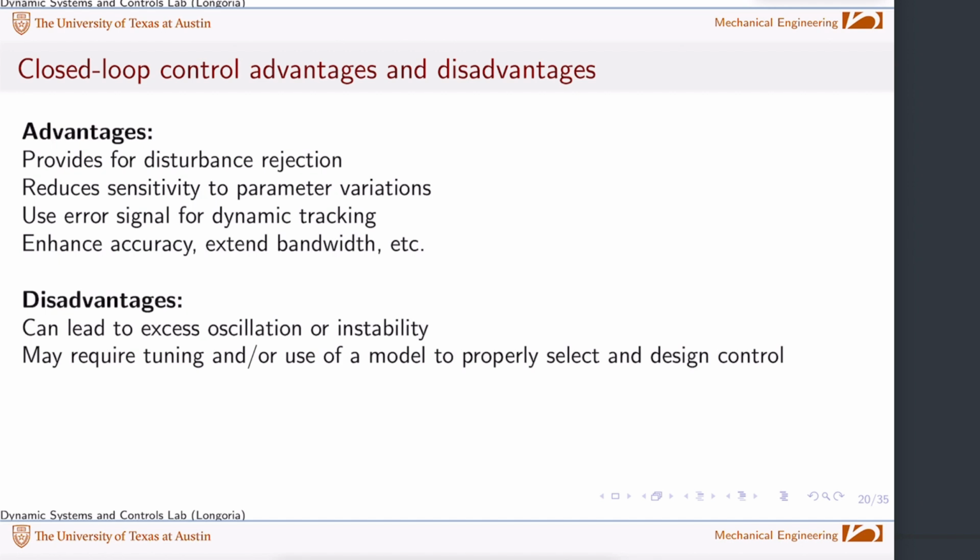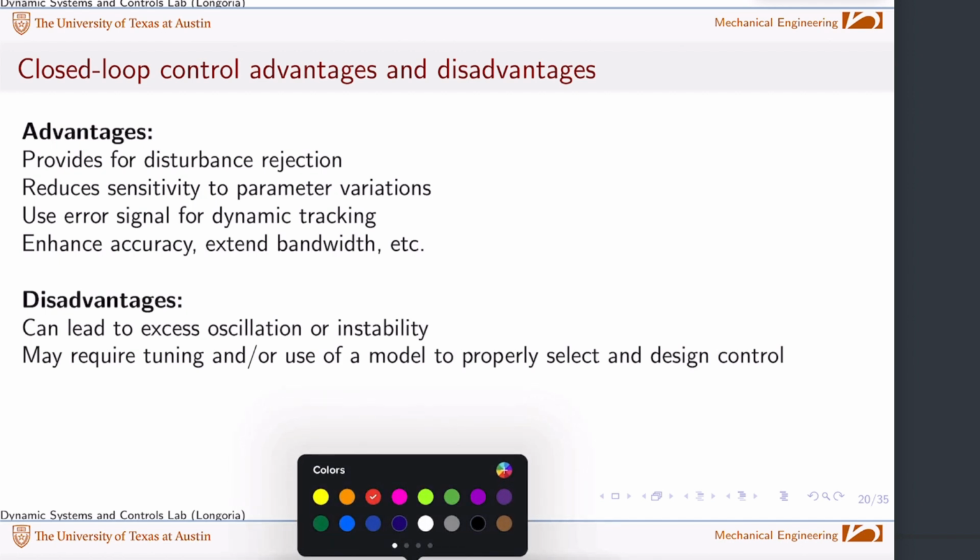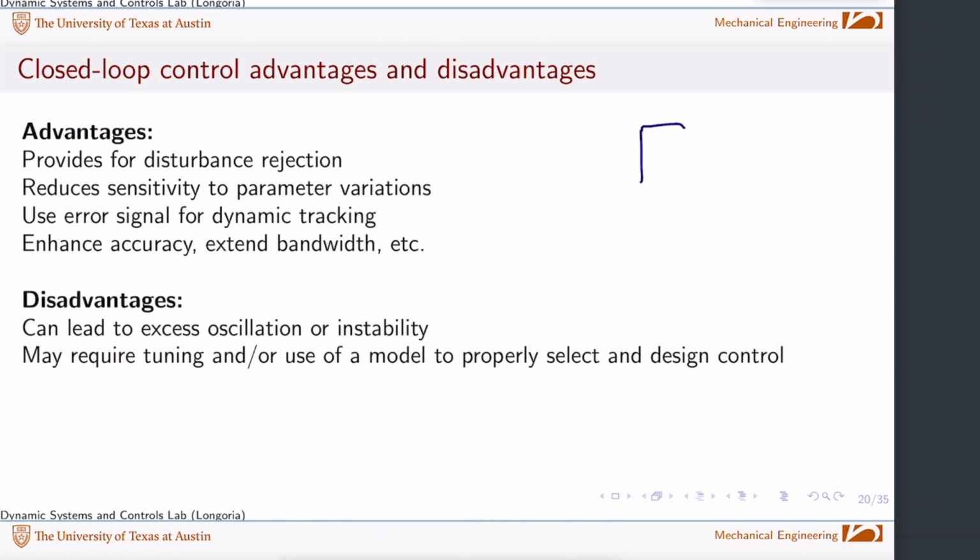You can also, with a controller, reduce how sensitive it is to changes in the model parameters. So we talked about how with an open loop controller, you would specify some reference in order to achieve a desired output by just using an open loop gain. Again, there's more sophisticated ways of doing open loop control, but that's the basic idea.